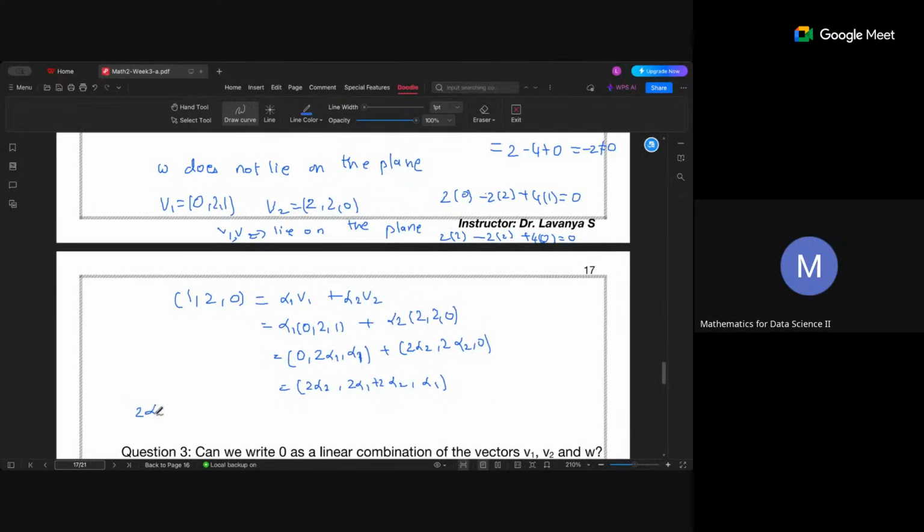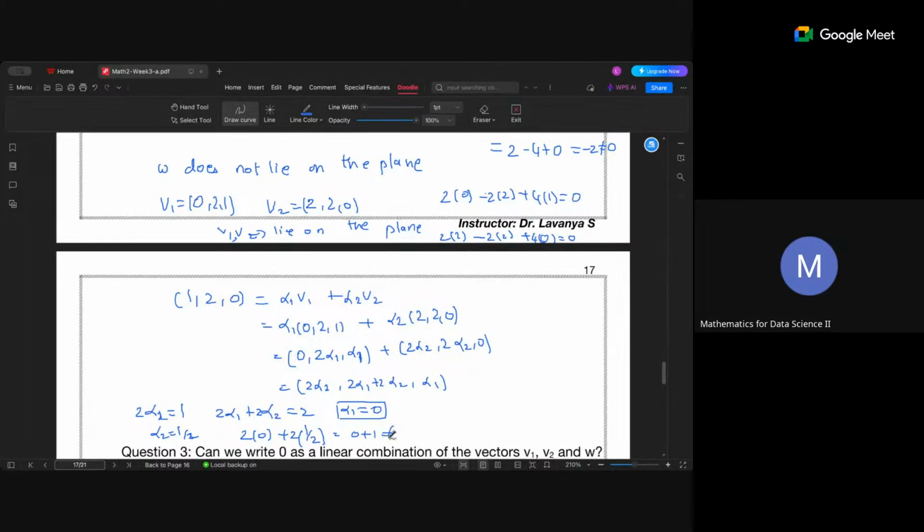So you have 2 alpha 2 is equal to 1. 2 alpha 1 plus 2 alpha 2 equal to 2. Alpha 1 equal to 0, and alpha 2 equal to 1 by 2. Now let's substitute it here. 2 times 0 plus 2 times 1 by 2 is 0 plus 1.